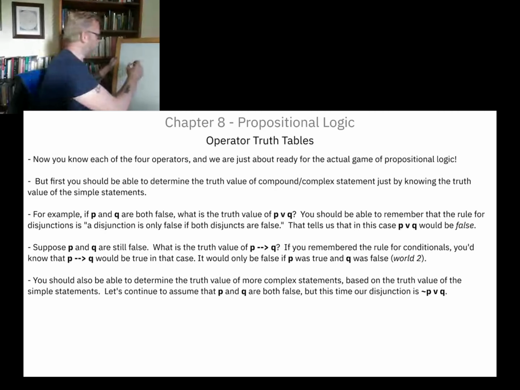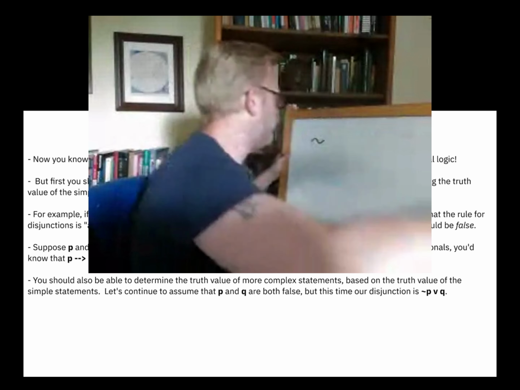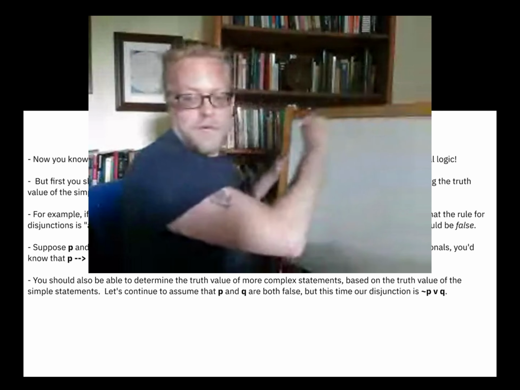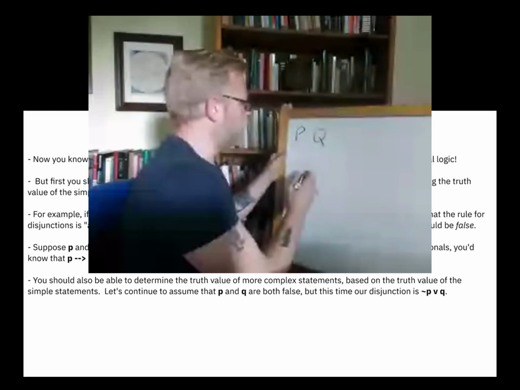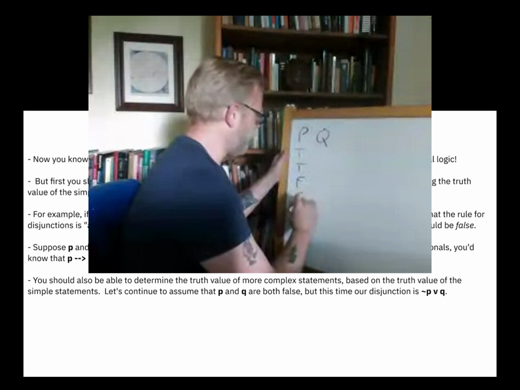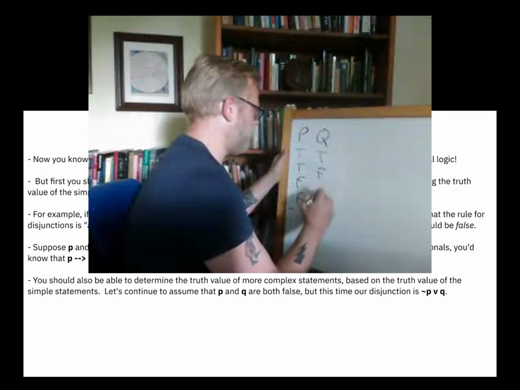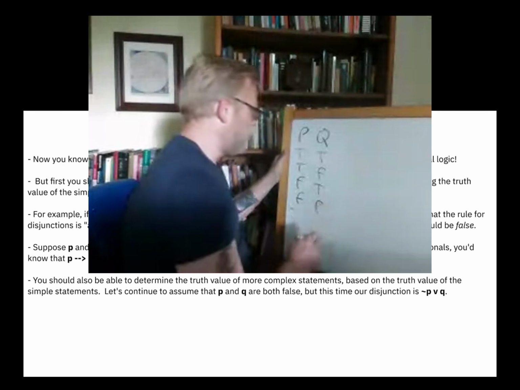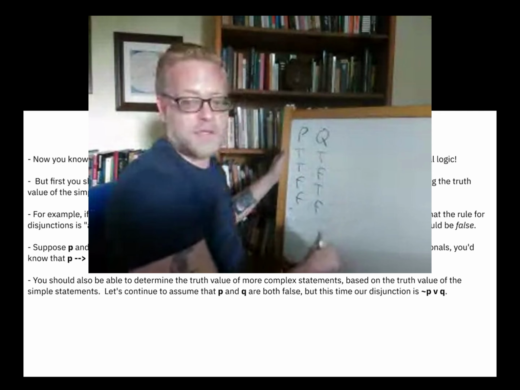So we could try here. I have my whiteboard here, and I'm going to start using this more. One way to look at this is like this. If we have our truth table, P and Q, and I go T, T, F, F, and here I go T, F, T, F, so I get all four worlds. Hopefully that's clear.